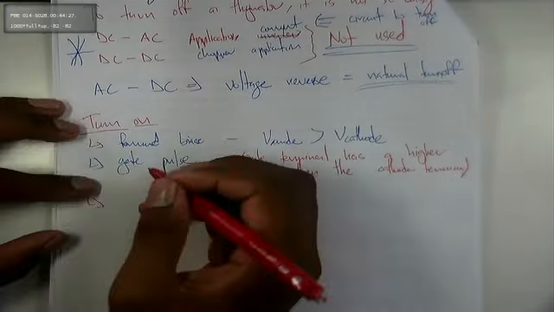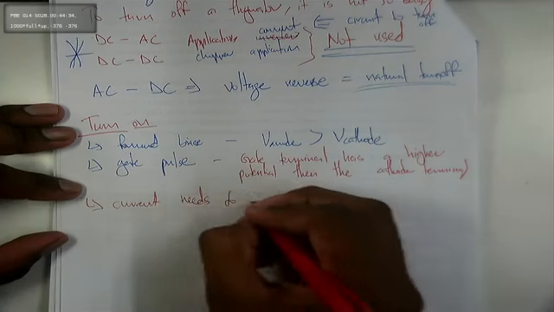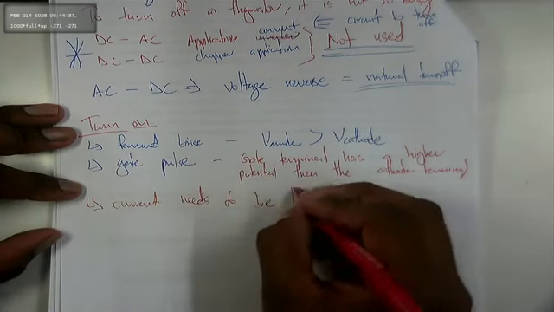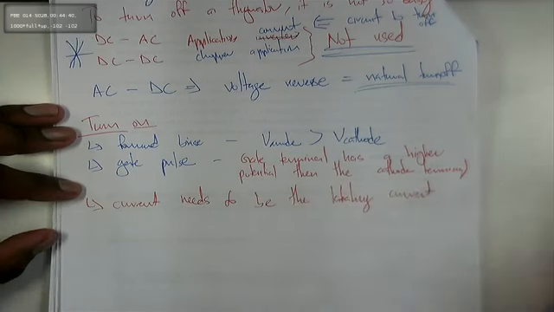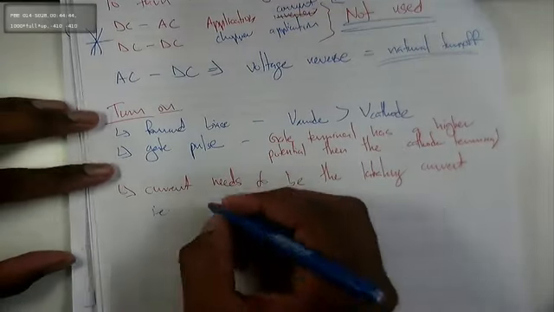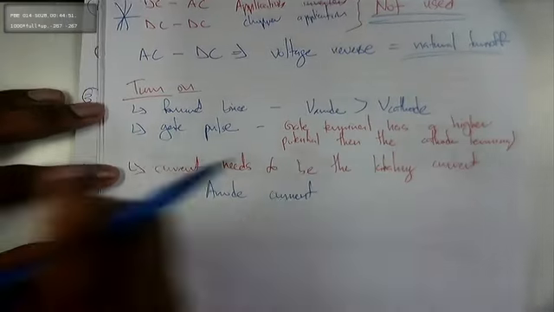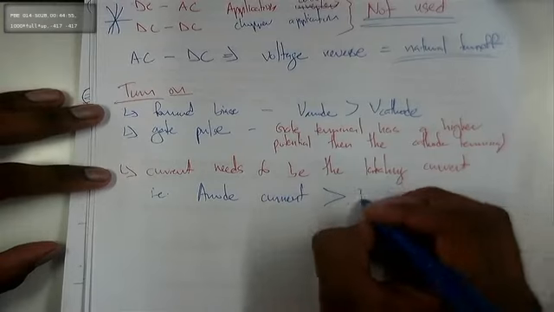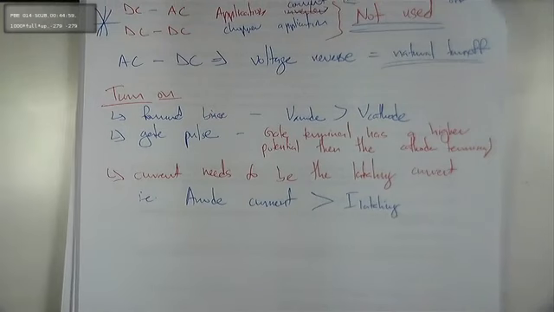So the anode current should be greater than the latching current, because once the thyristor is turned on, it won't turn off while the latching current is there.